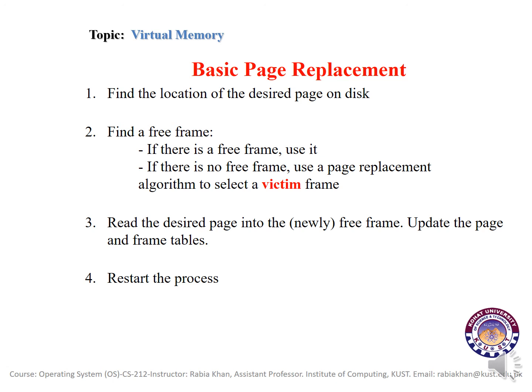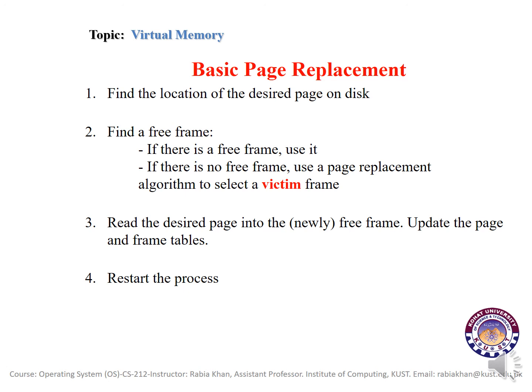How does page replacement work? First, when a page fault occurs, the operating system finds the required page on secondary storage. Then the operating system finds a free frame in RAM for the page to be loaded there.